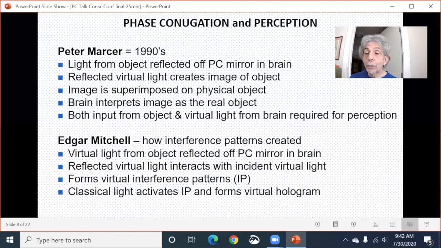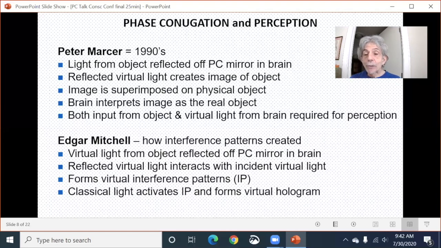In fact, there are several theories that involve phase conjugation way back in the 90s, and then again at the turn of the century by Edgar Mitchell, who theorized the role of phase conjugation in various brain functions, mostly perception. And the idea was that the light from the object, and Peter Marcer was the first person to publish this, he proposed that the light coming from an object that we look at in our vision is reflected off of some kind of phase conjugation mirror.